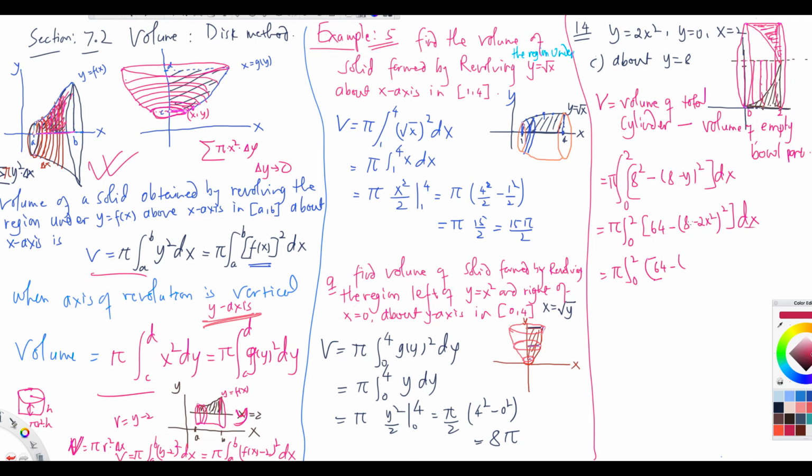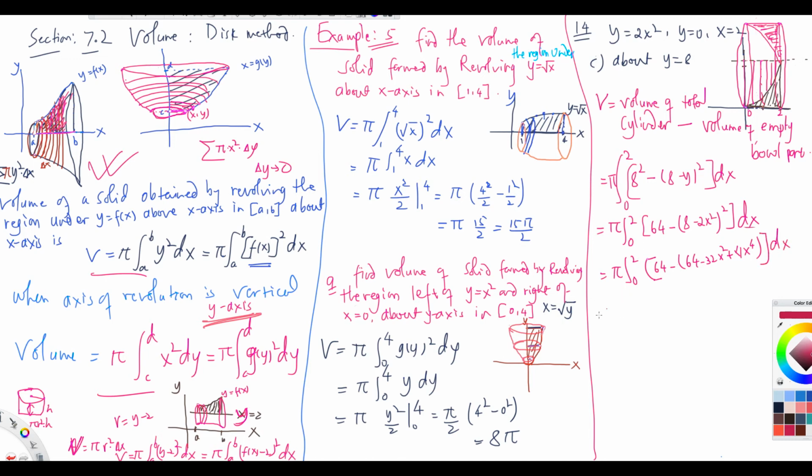If you do FOIL, 8 minus 2x square times 8 minus 2x square, that will be 64 minus 32x square plus 4x to the 4, and then bracket dx.